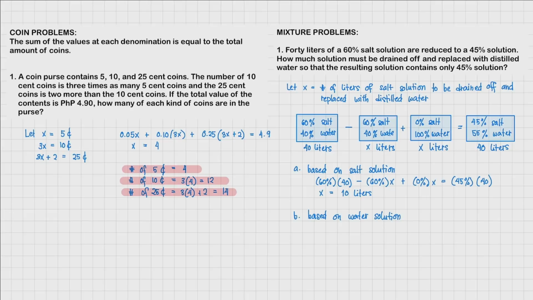So we have 40% of the water times 40 liters, minus 40% of water times x liters, plus 100% of water times x liters, and it should be equal to 55% water times 40 liters.